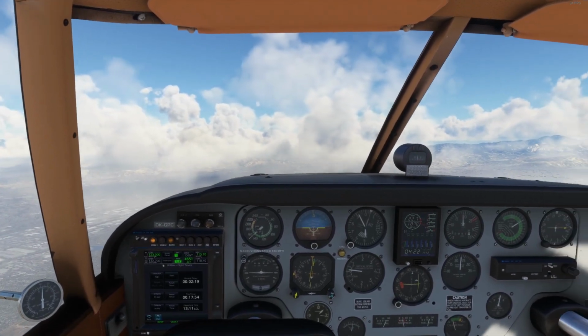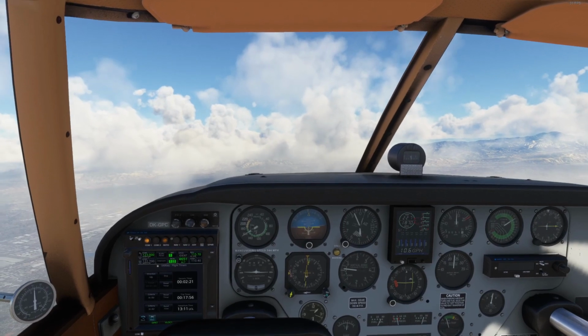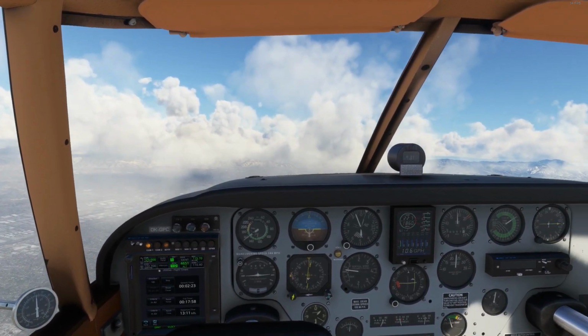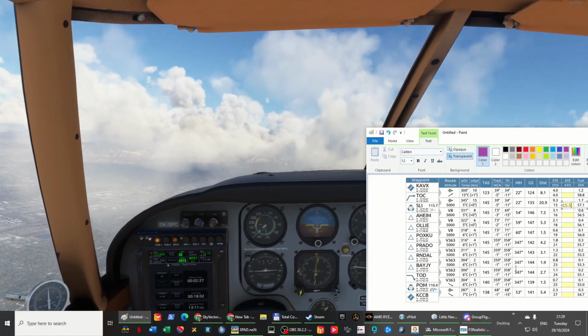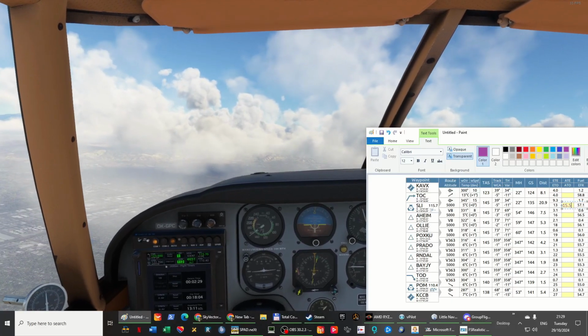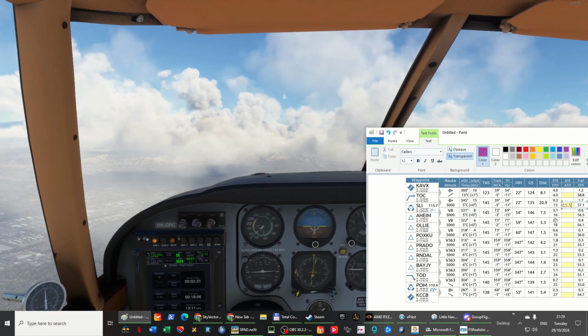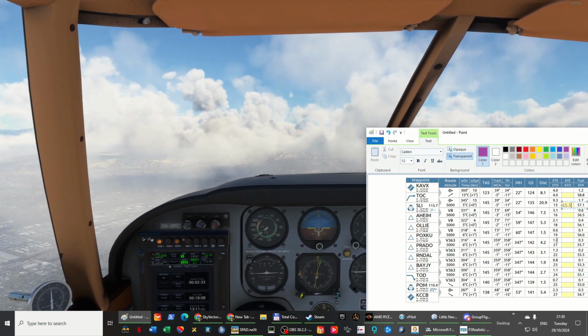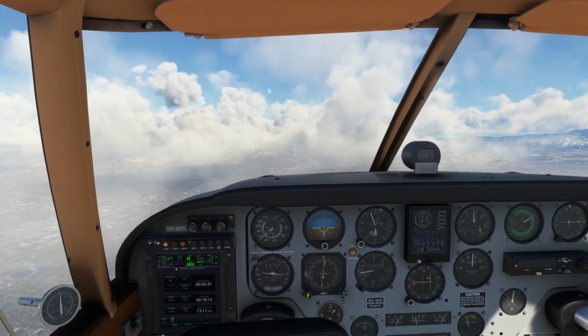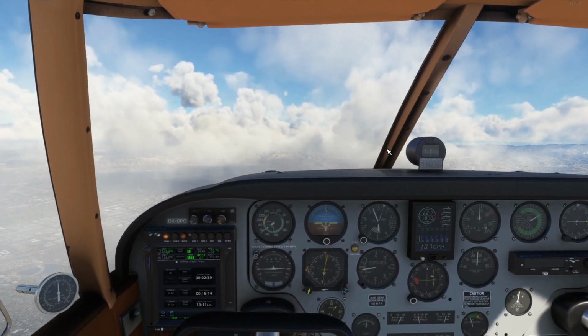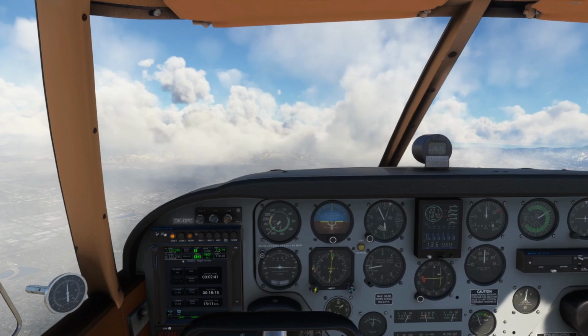I will be measuring my position at POXKU, which is the intersection, and at POXKU it should take me roughly 6 minutes.